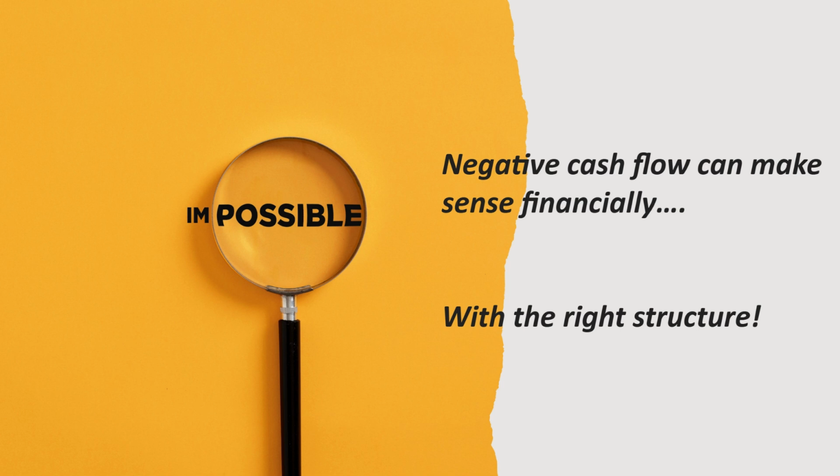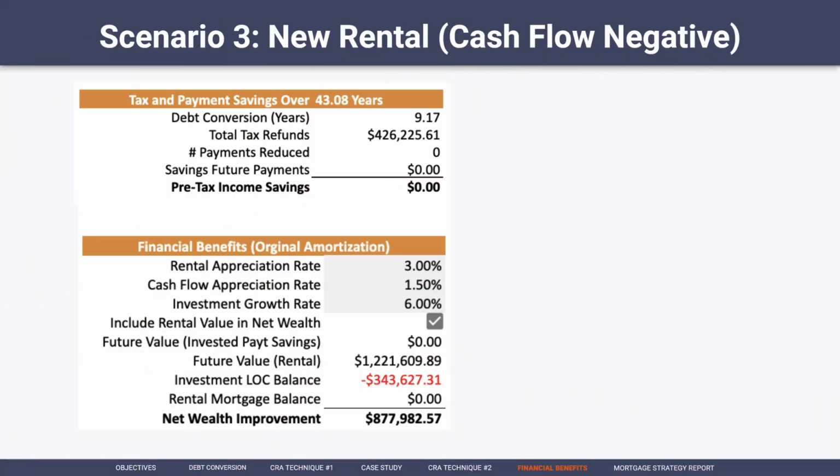Earlier in the course, we talked about having to choose between our lifestyle today and investing for tomorrow. With the rental cash damming strategy, it's possible to do both. All right, here are the results. Debt conversion, 9.17 years. Tax refunds, $423,600. Growth assumptions, same across all scenarios.